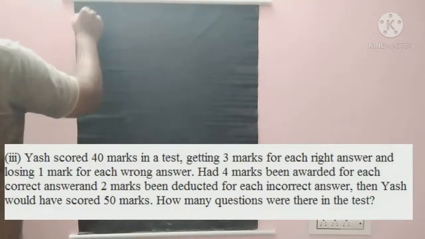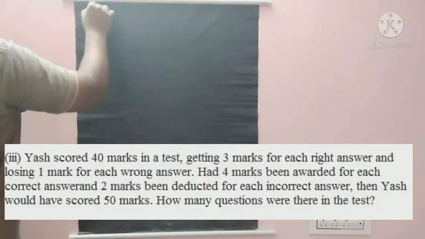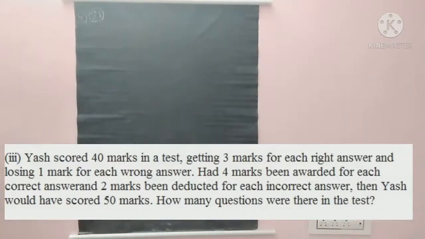They have given that in a test H scored 40 marks on the condition that for each right answer he got 3 marks and loses 1 mark for each incorrect answer. Suppose 4 marks is given for each correct answer and 2 marks is deducted for each wrong answer, he would have scored 50 marks. So these are the conditions. We don't know how many right answers and how many wrong answers.